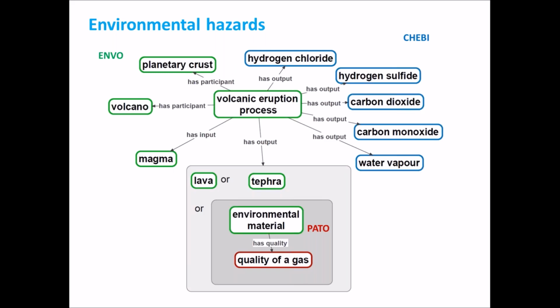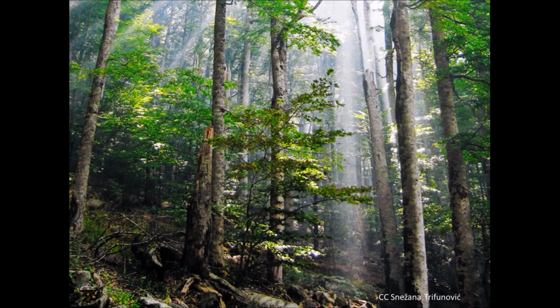So this allows you to access knowledge from many different directions. You can ask about any hazards that involve the release of hydrogen sulfide, and you will be led to this. You could ask about any hazards that have volcanoes as participants, and you would be led to a volcanic eruption process, etc. So this allows knowledge to be much more accessible from a multifaceted realm.